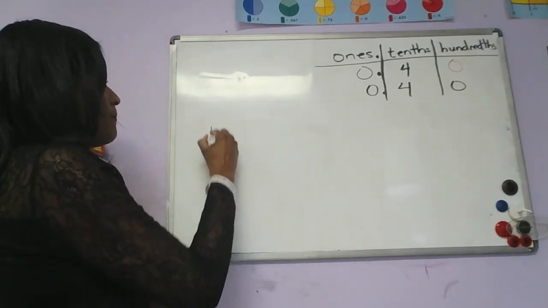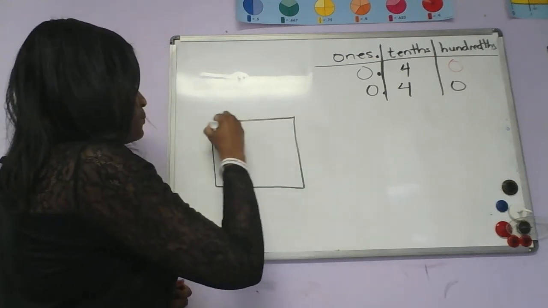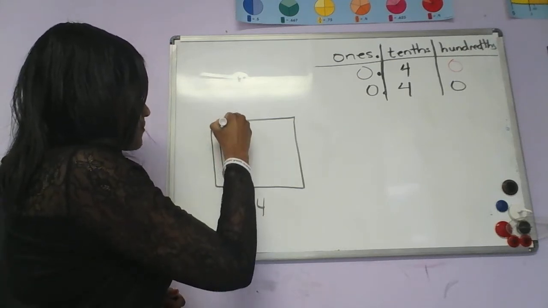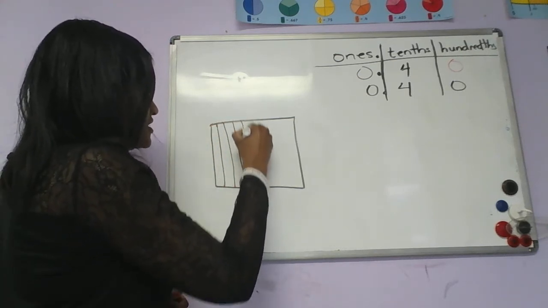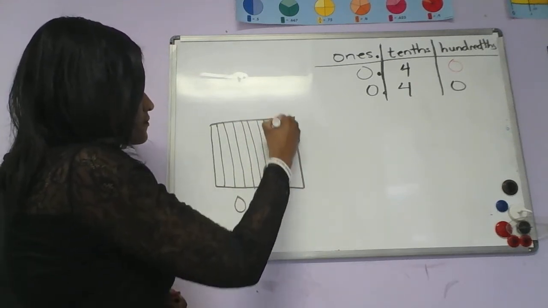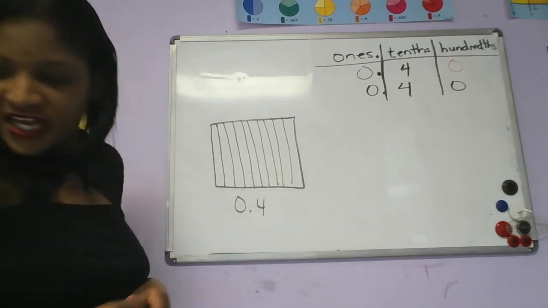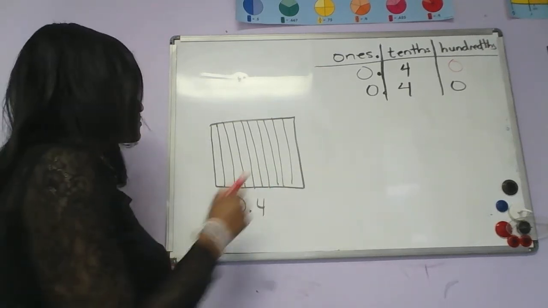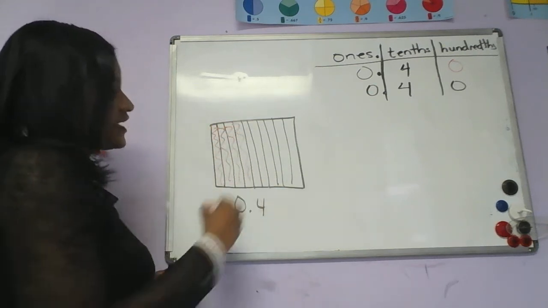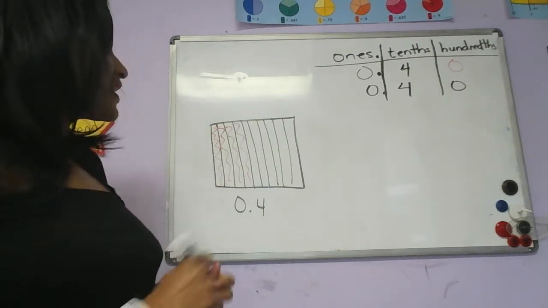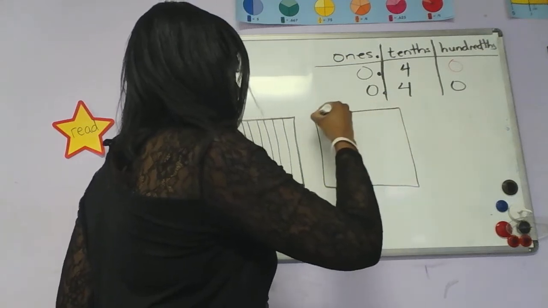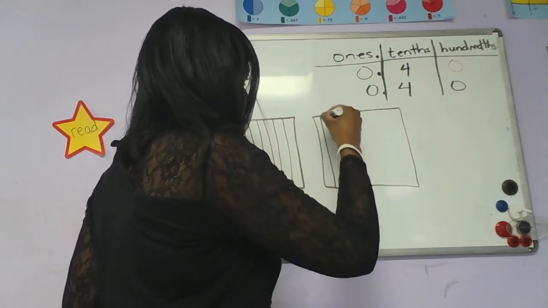We can even draw a model to show this. So if this is my 4/10, I'm going to break this up into 10 parts, and shade in 4/10. So that is 4/10. And I can also do 40/100. So I'll try to draw another rectangle that looks about the same.